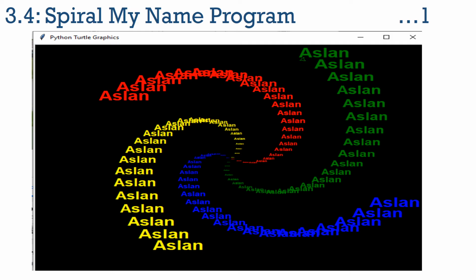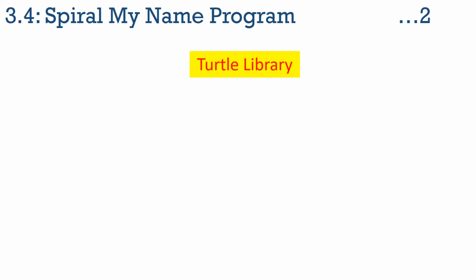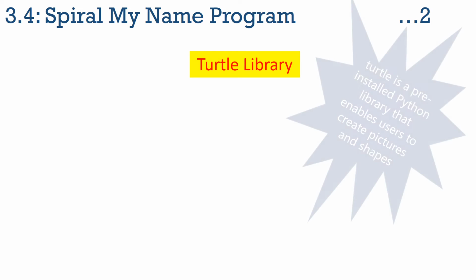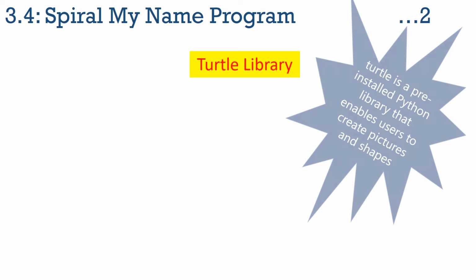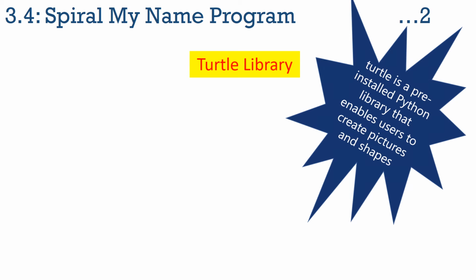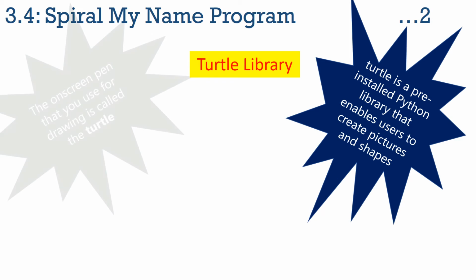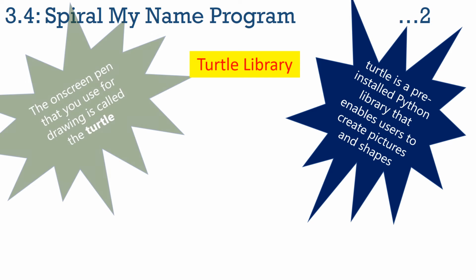Go and open the Python editor and open a new file. Before we start writing the spiral code, we need to understand the Turtle library in Python. Turtle is a pre-installed Python library that enables users to create pictures and shapes. The on-screen pen that you use for drawing is called the turtle.